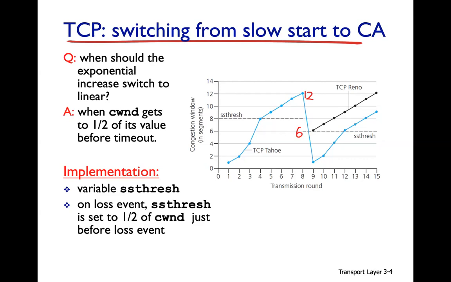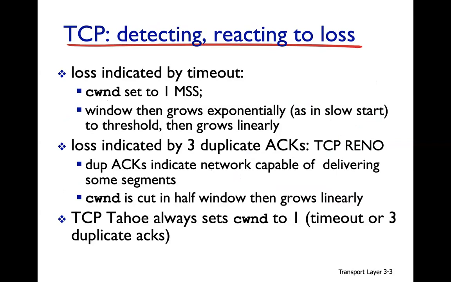So it will still be 6, and then it will grow linearly. But if Reno loses the ACK, meaning the segment has been lost, then it will look like Tahoe, so it will go back to 1.